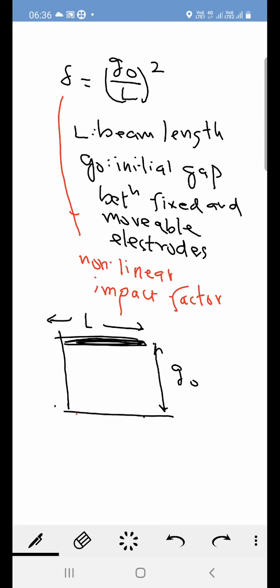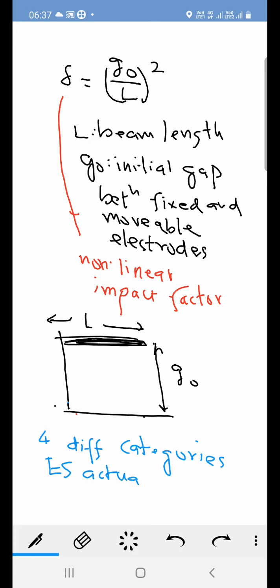Now this system has four different categories of effect of electrostatic actuation: electrostatic load, and impact, and its impact on this nonlinearity, that means this delta.